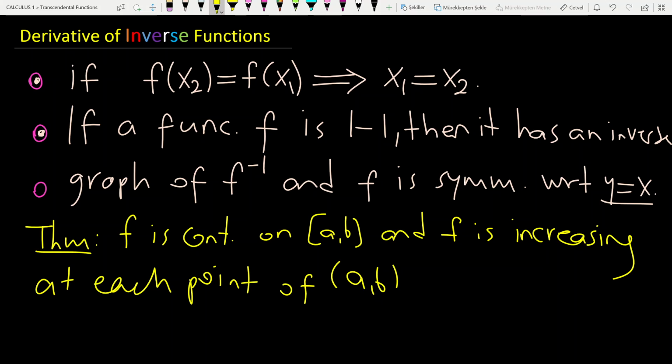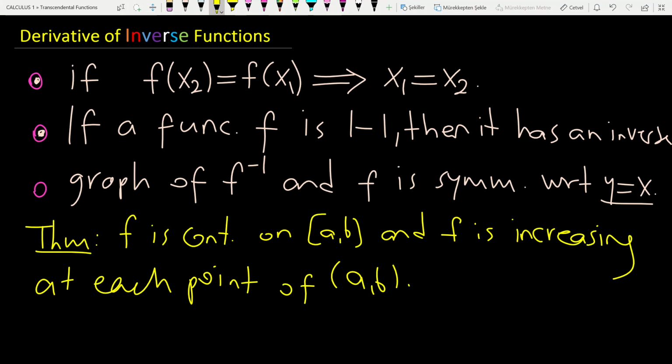For instance, when do we have this case? If f prime is always positive for each x in this open interval, then we can say that the function is increasing on this interval, right?